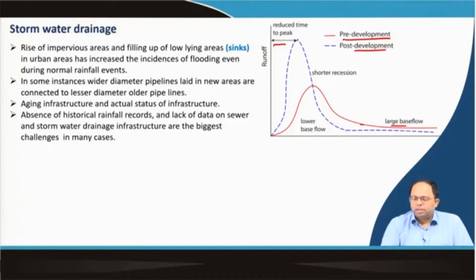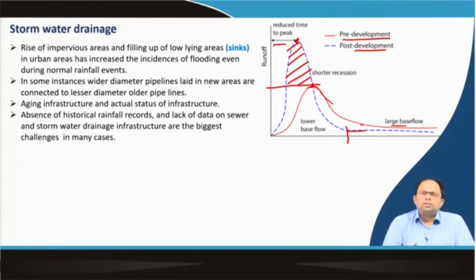That means the base flow is low. So, the drainage channel which used to cater to this kind of runoff flow now cannot take care of this excess volume of water, and that is actually creating the flood. And also the time from rainfall to maximum peak runoff generation is getting reduced.